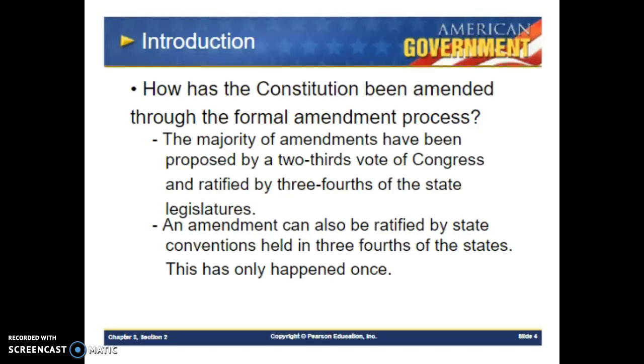And these are going to be the state legislatures within a particular state. And we'll talk a little bit more about state legislators on the next slide. An amendment can also be ratified by state conventions held in 3/4 of the states, and understand that this has only actually happened one time.